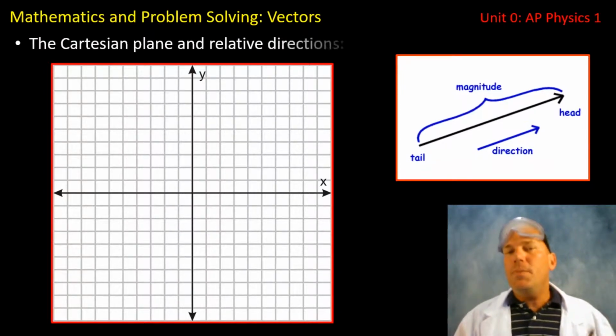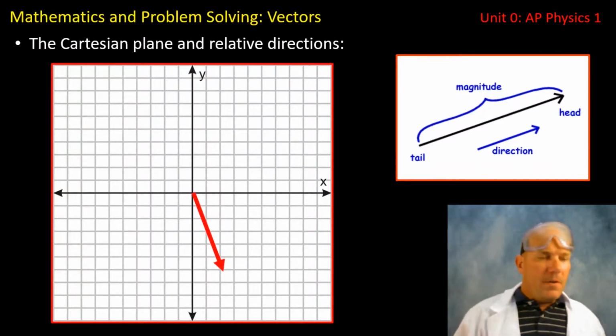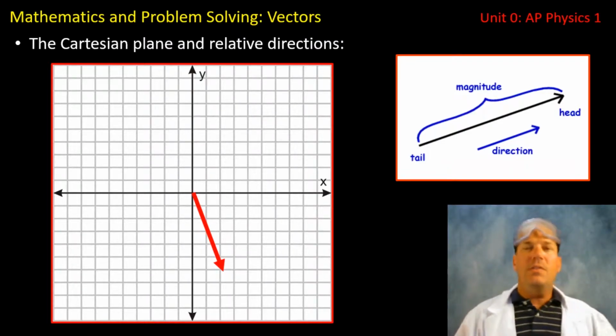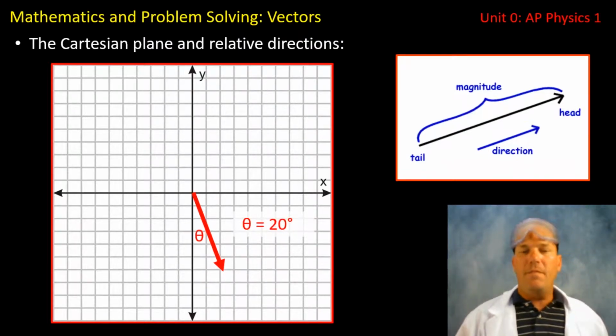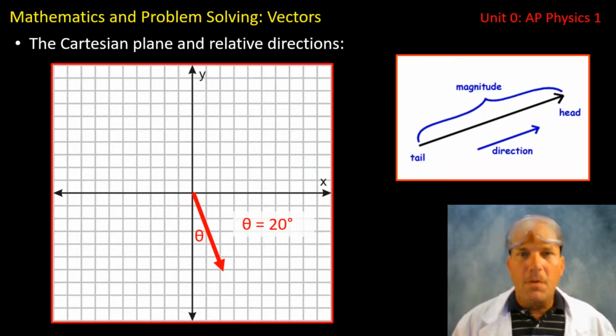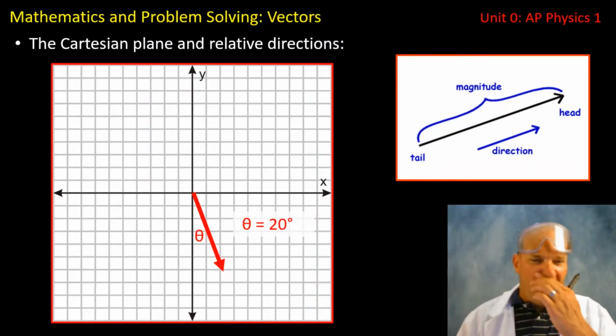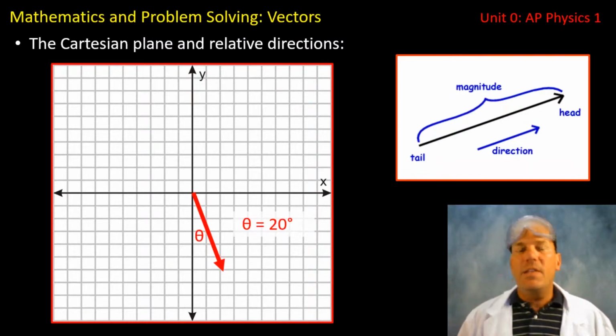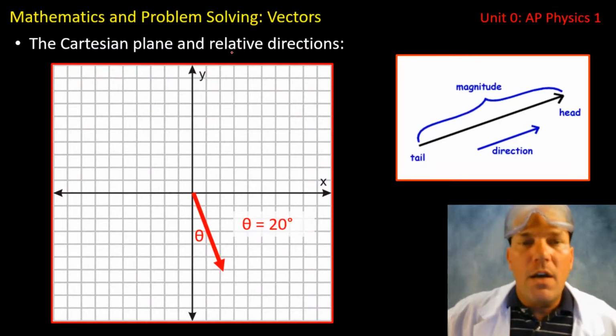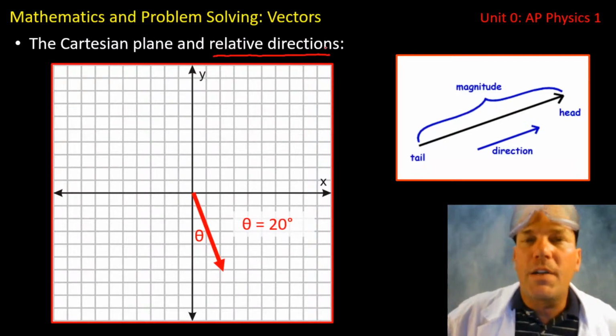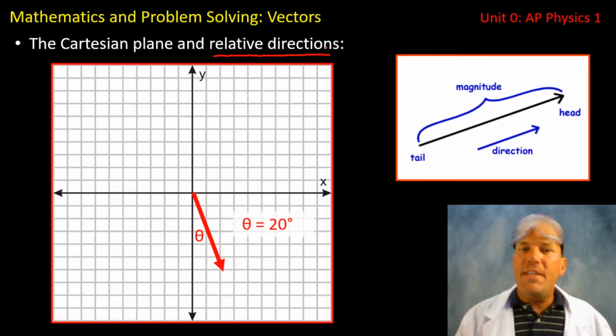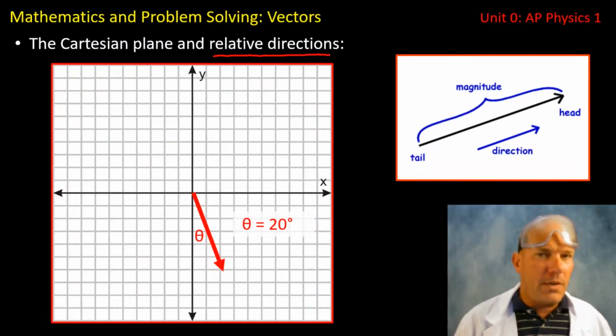The Cartesian plane, again, if we are looking at angles other than 45 degrees, for example, 20 degrees, how would we describe this in terms now of relative directions? In other words, we're not using cardinal directions here.